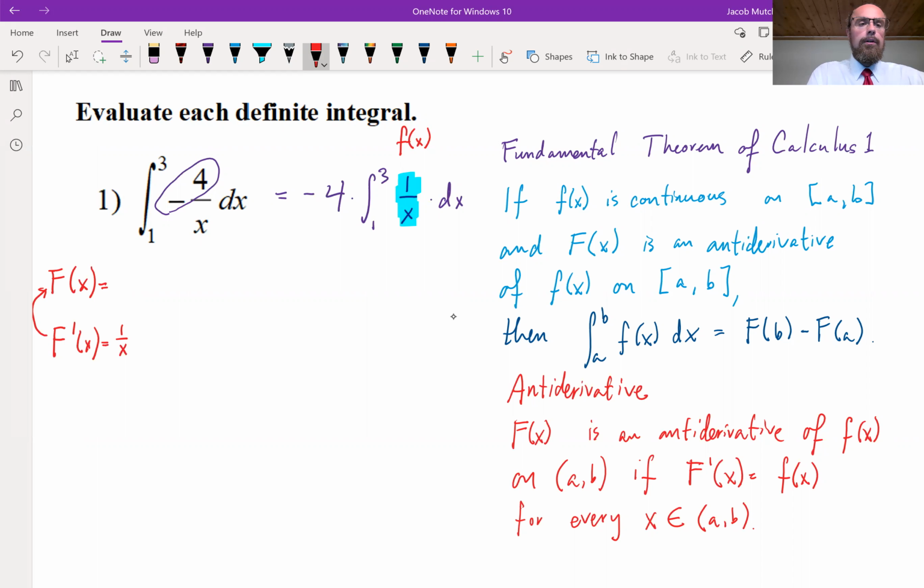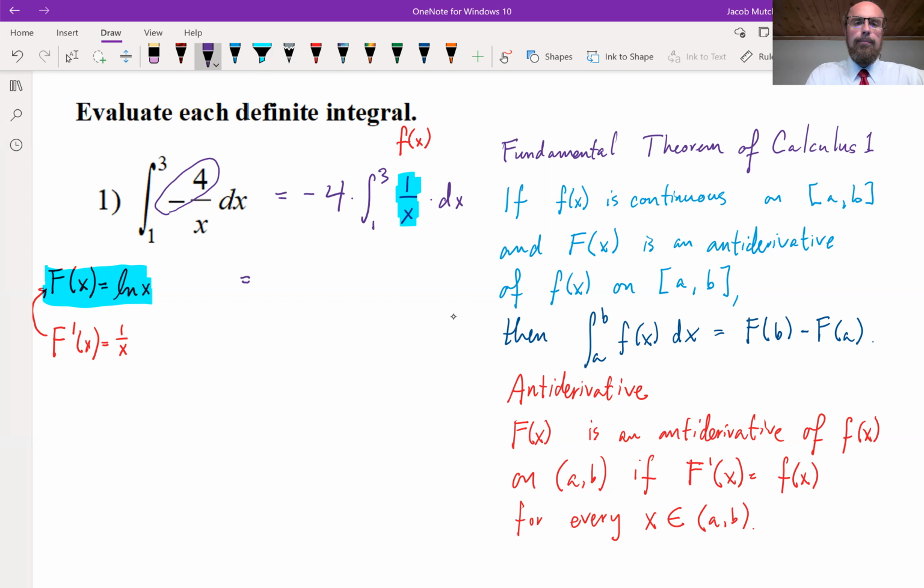So if you recall, the original function whose derivative was 1 over x is the natural log of x. And so for us, we can apply the fundamental theorem of calculus using this very function, capital F of x equals natural log of x. So we just need to apply that theorem to this specific example.